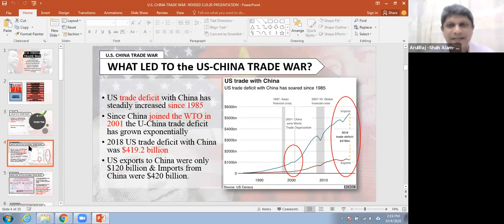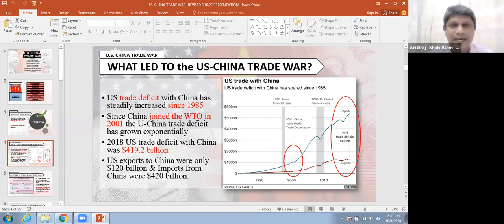What led to the US trade deficit? Basically, this is our point of view. The trade deficit of the US was the triggering point of the trade war, whereby it started in the year 1985 and slowly, steadily increased. At the moment, the US trade deficit in 2018 is about 419 billion, and US exports to China are only 120 billion.